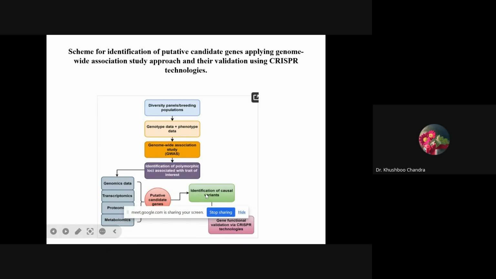And we can identify the variants among that, and with that we can validate our different functional genomic sequences.